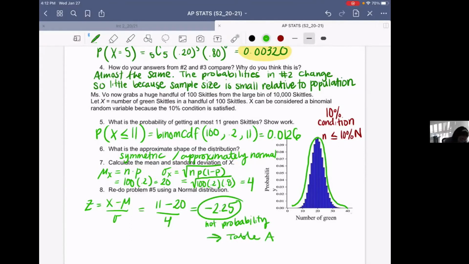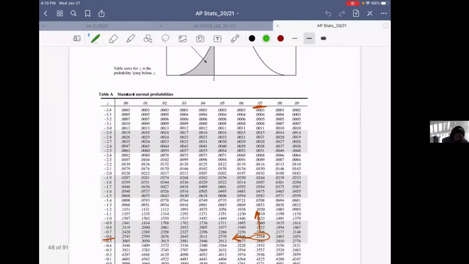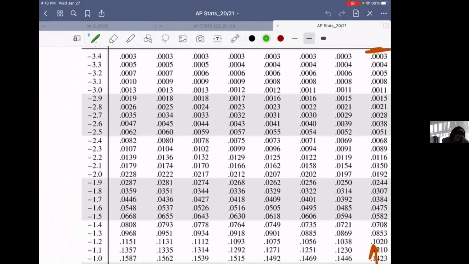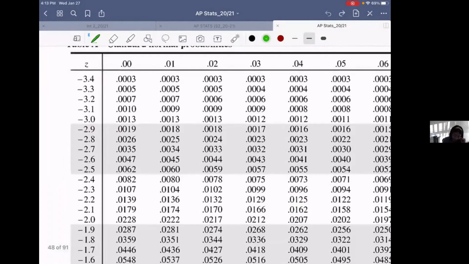So I'm just going to find table A in here. Looking at negative 2.25. So I'm going to zoom in. 2.2, 1, 2, 3, 4, 5. So this is the value I have here. I have 0.0125. Oh no, that is 4. Sorry. We're going over one more. 0.0122.